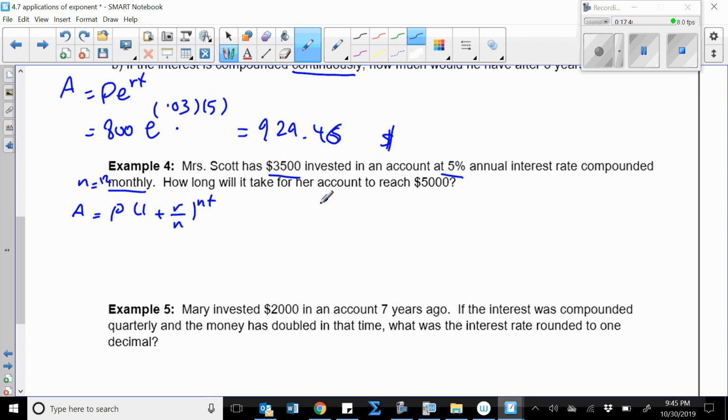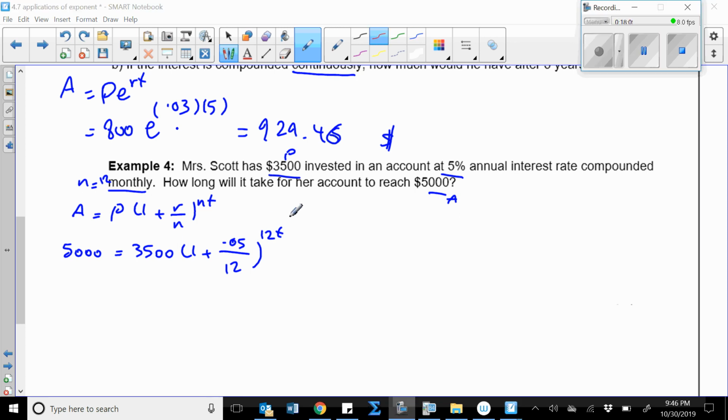How long will it take for the account to reach 5,000? So the value of A is 5,000 and P is 3,500. So 5,000 will be equal to 3,500 times 1 plus 0.05 over 12, to the power of 12t. So we're looking for the value of t.